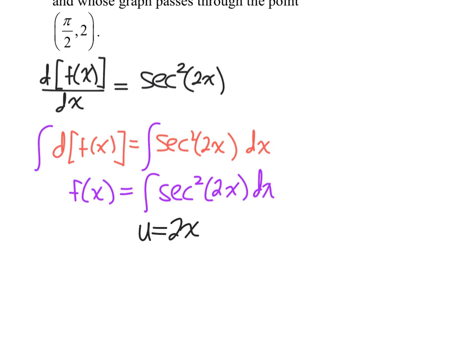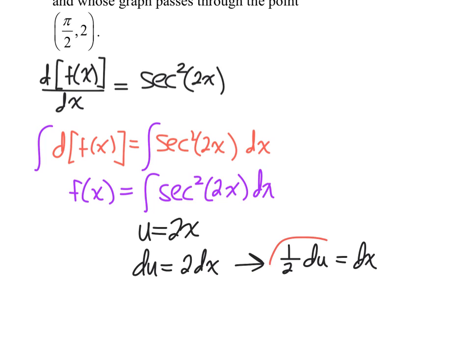So define u as the thing that would make it a parent function. In this case, we're looking at du equals 2 dx. All right, and so I don't have a 2 dx in my integral. I just have the secant squared and a dx. So let's clean this up and make it 1/2 du equals dx. And so that would be my substitution.